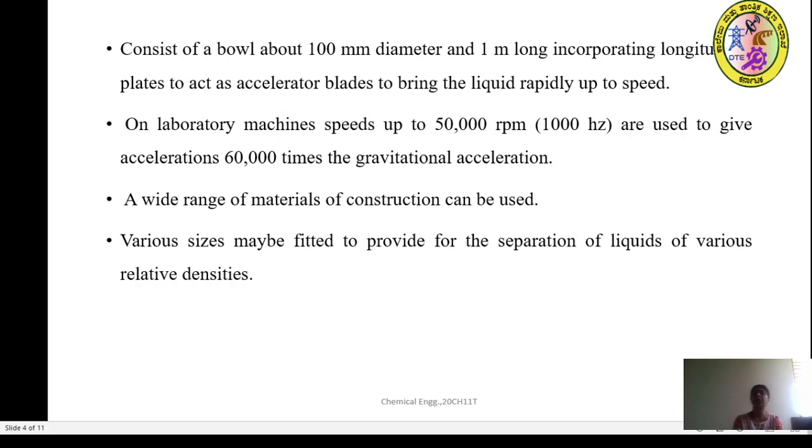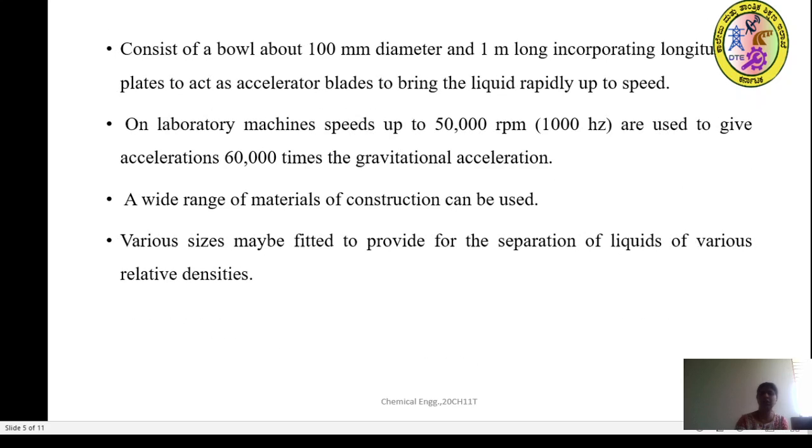They work up to a speed of 50,000 rpm and give an acceleration of 60,000 times the gravitational acceleration. They are available in a very wide range of construction materials and various sizes, for the separation of liquids of various relative densities.